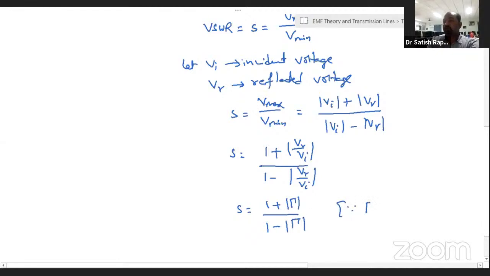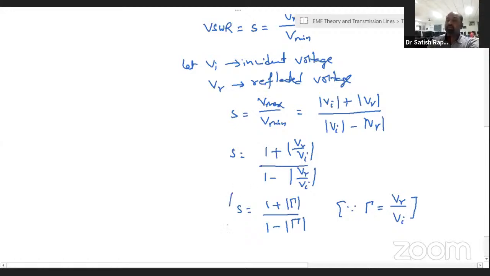What is meant by capital gamma? It is the reflection coefficient, defined as the reflected voltage to the incident voltage. I discussed this in my previous class: the reflection coefficient is Vr by Vi.